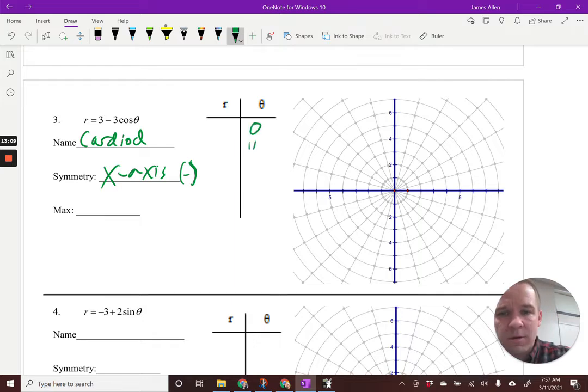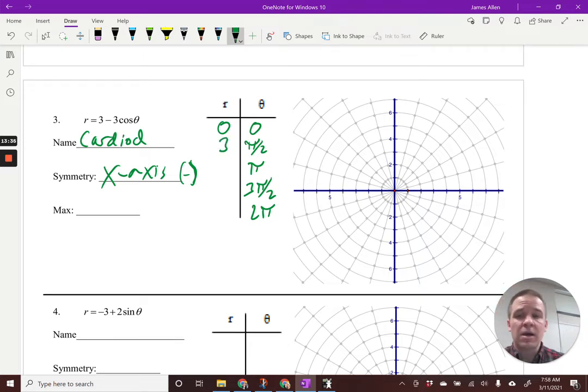So we got 0, pi over 2, pi, 3 pi over 2, and 2 pi. If we're not sure what this really looks like, it could be helpful to fill in a table of values. Cosine of 0 is 1, so -3 times 1 is -3, and 3 minus 3 is 0. At pi over 2, cosine is 0, so 3 minus 0 is 3.